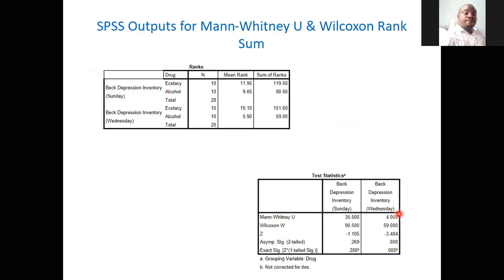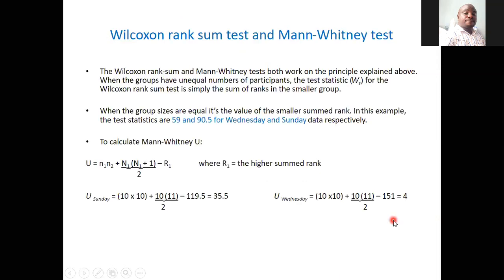I ran it in SPSS. You will see for Sunday, look at it, Mann-Whitney U, 35.5. For Wednesday it is 4.0, which is what you see here. Can you see?